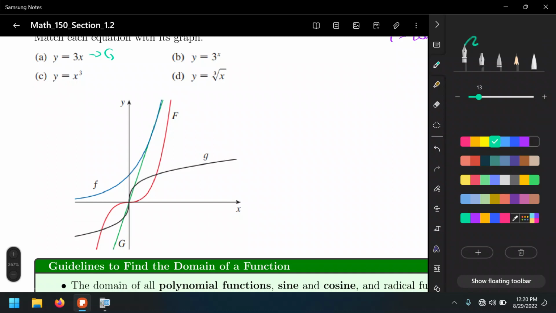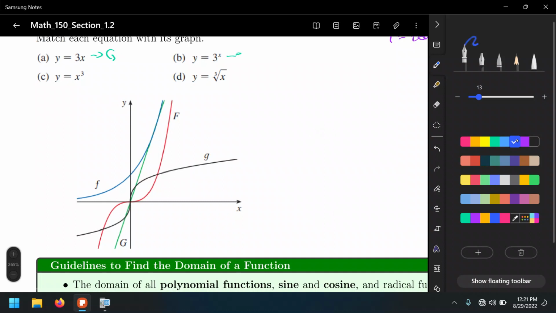What about letter B, 3 to the x? It's an exponential function. What else? The sign of the exponent. Well, I don't see any negative sign, so when it's positive, it should be an increasing exponential, right? Which one would be? F, the blue one. Which F? The lowercase f, right?